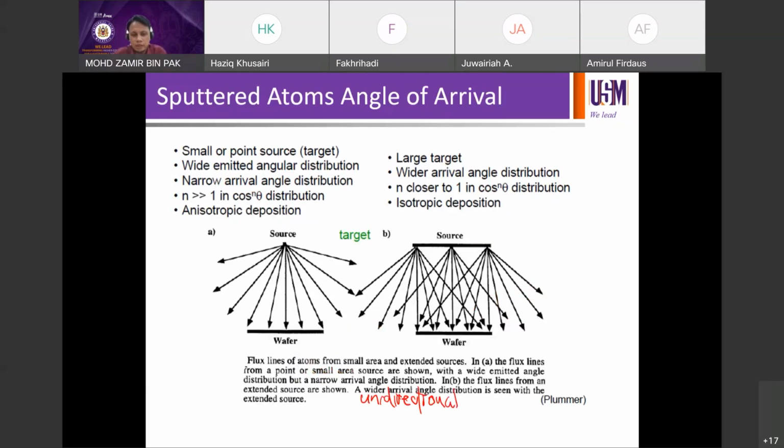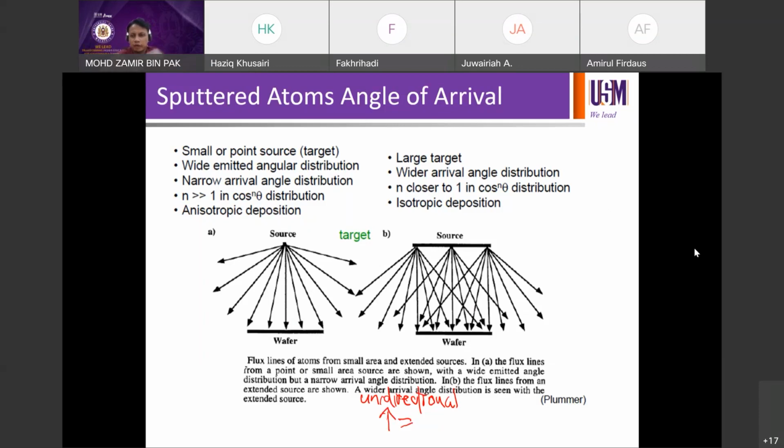Proses mana yang paling unidirectional daripada apa yang kita dah belajar? Which one is highly unidirectional? Anyone? Haziq, which one is highly unidirectional?